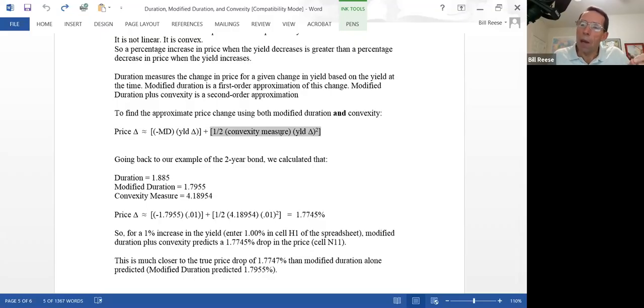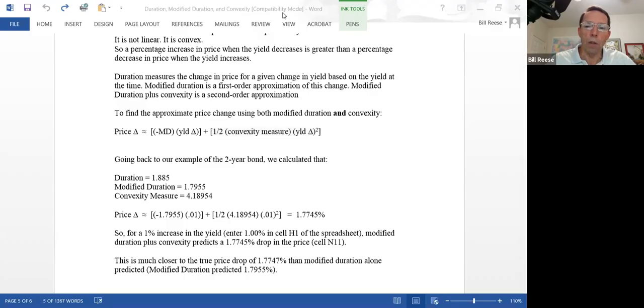And the convexity measure, the way we just showed how to calculate it, always has to give us a positive number. So we're always adding something to the modified duration calculation here. And that's why you saw that with modified duration, let's go back for a second to our whiteboard here.